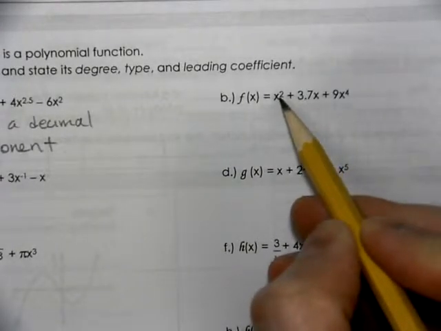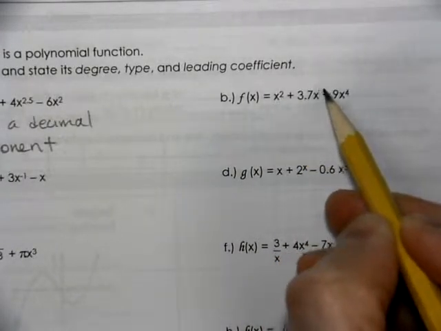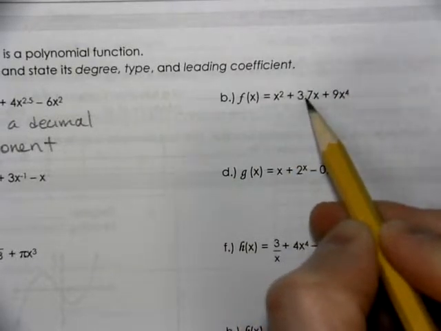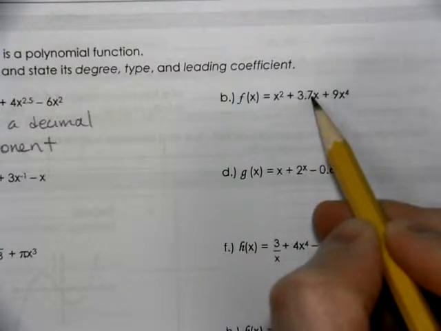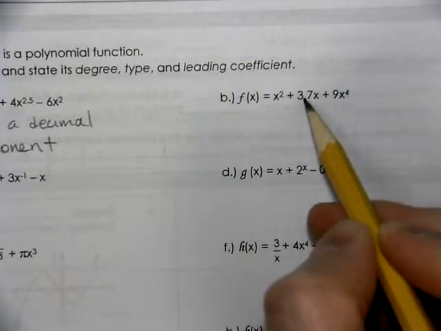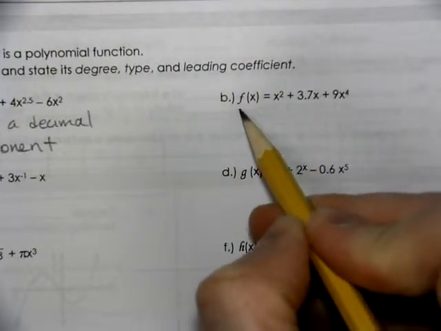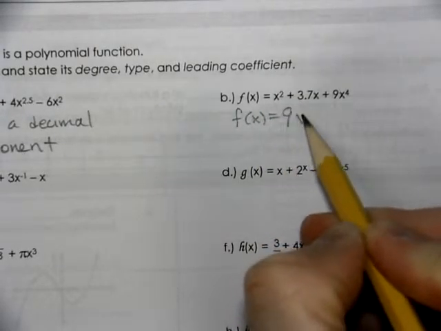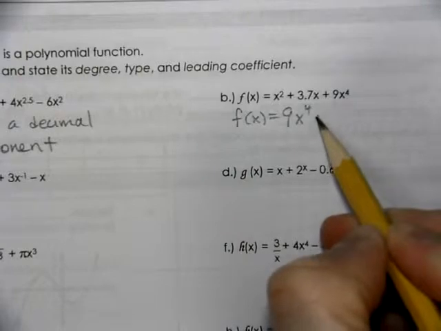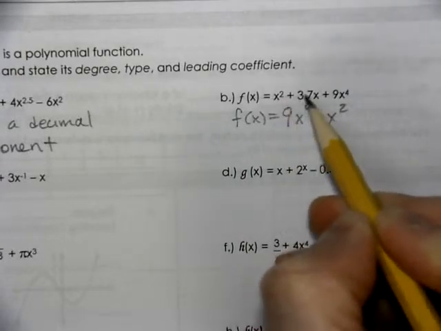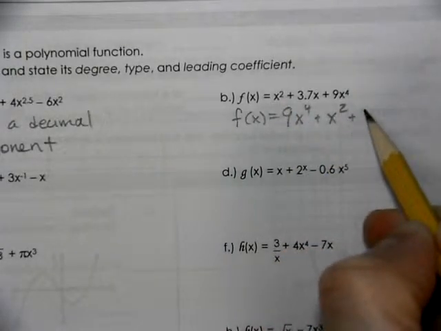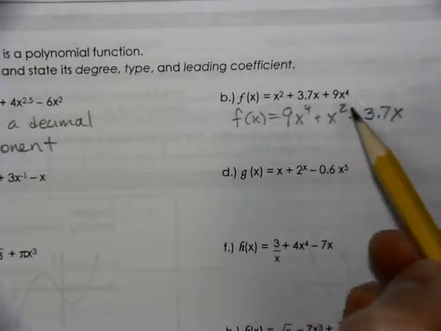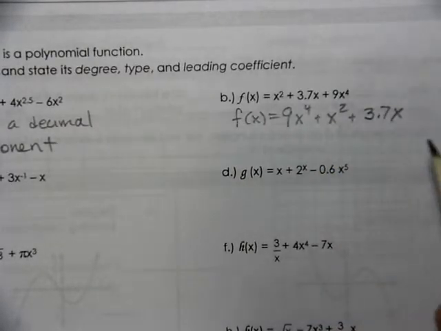Okay, we look here. We notice that the exponents are not in descending order. We do have a decimal, but it's a coefficient, and that's okay. So if we rewrite this with your largest exponent first, then your second largest. So our exponents are 4, 2, and 1.